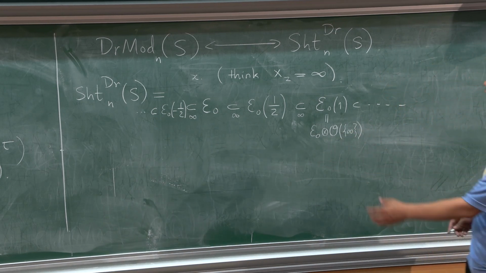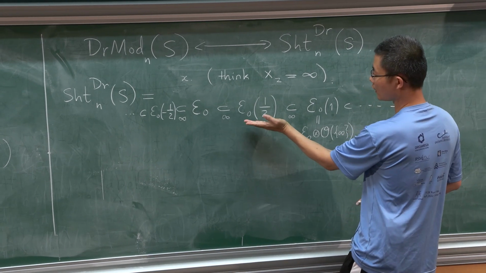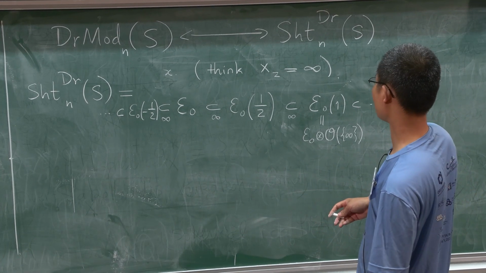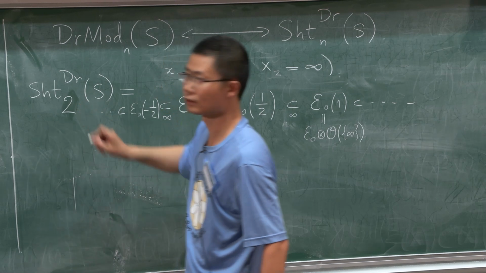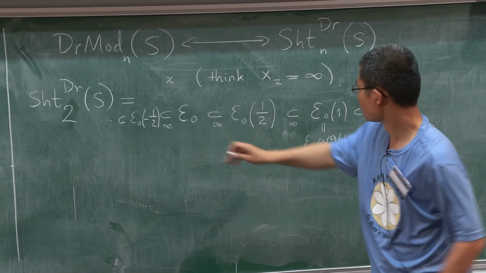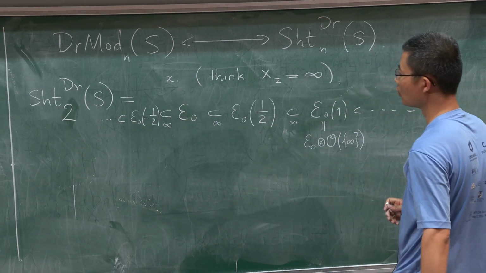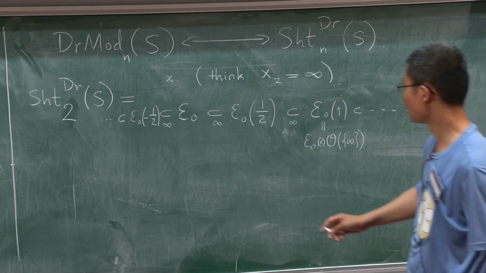Okay, so really the data is E0, this half twist, which is choosing a line. I'm explaining the n equals 2 version, sorry. Let's specialize to n equals 2. So this difference is a 2-dimensional space. That's a fiber of E0 at infinity, and you need to supply a line there.